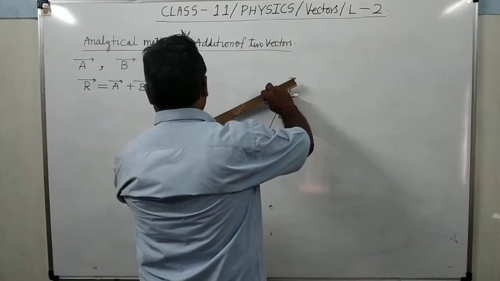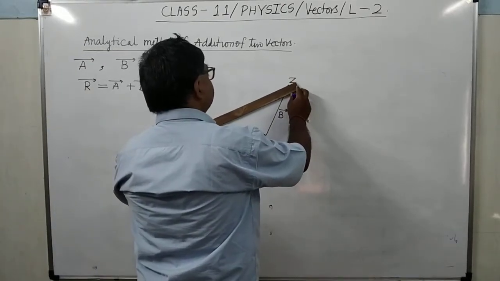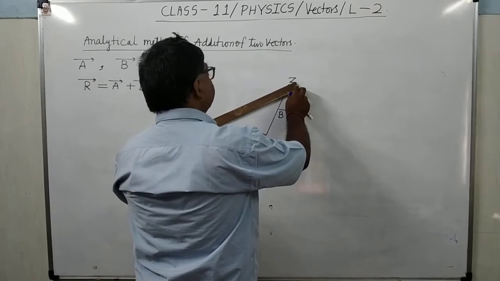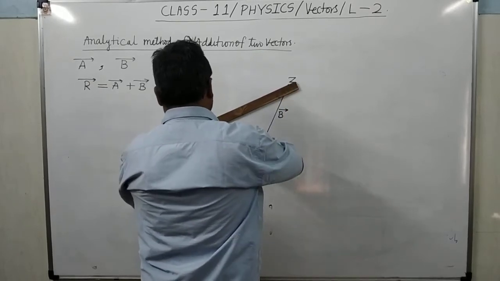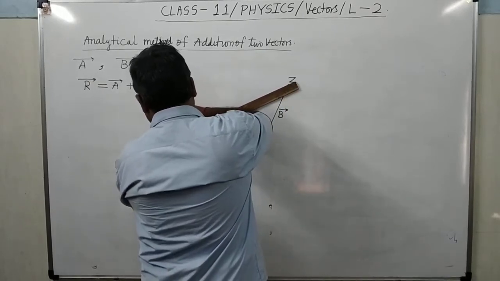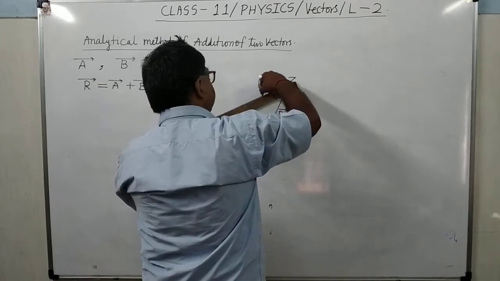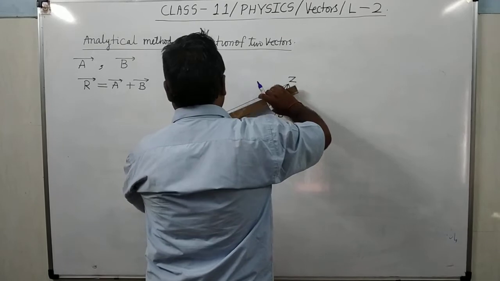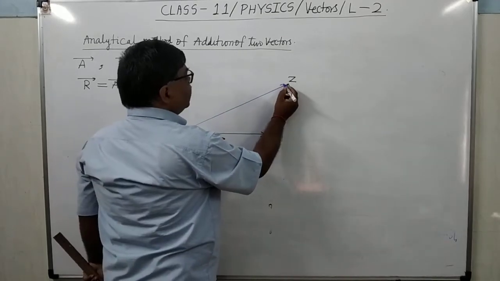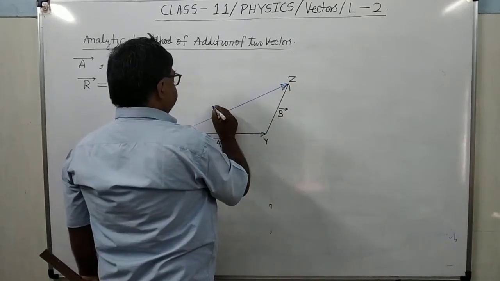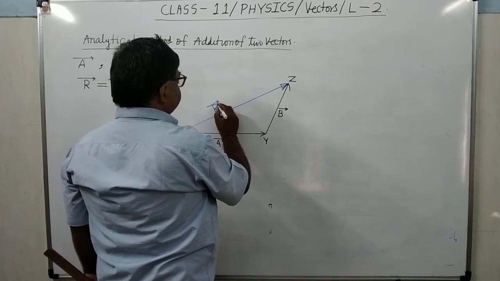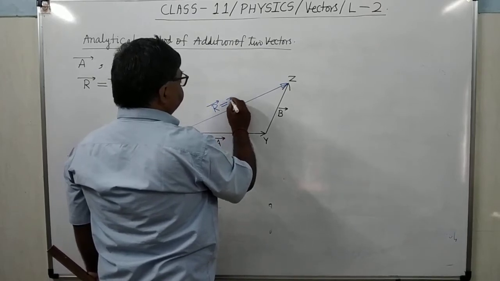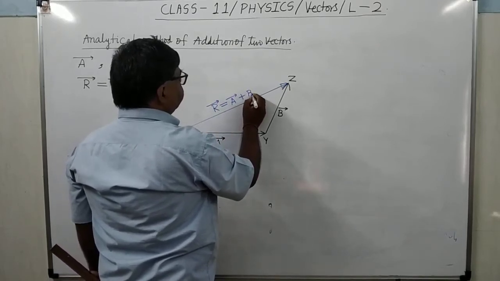So it will be this. This represents the resultant, vector R, which is equal to vector A plus vector B.